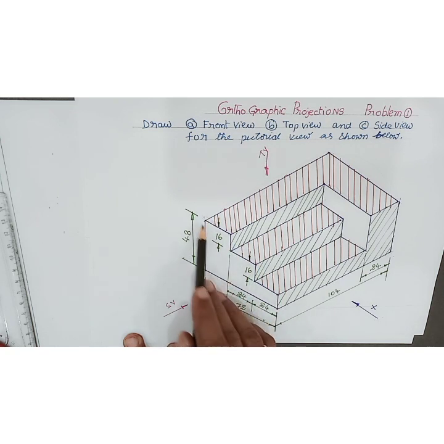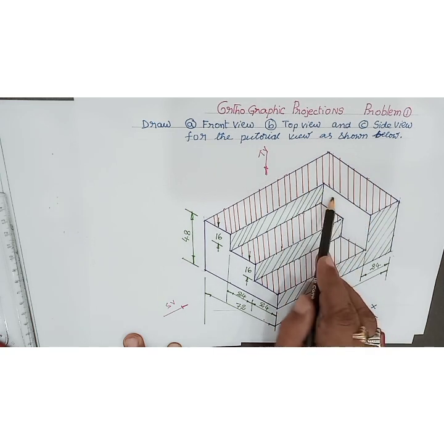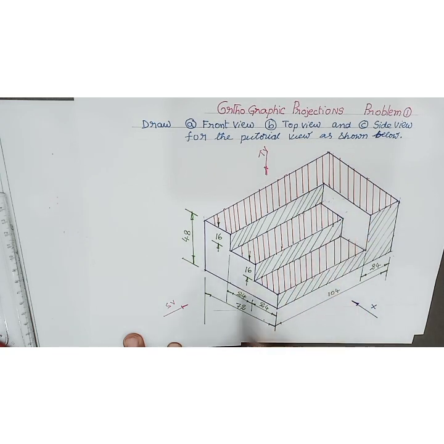This white color non-shaded region is visible in the side view. That is 72 breadth, 48 height, and again 24 breadth, 16 down. This particular region plus this non-shaded region is visible in the side view.